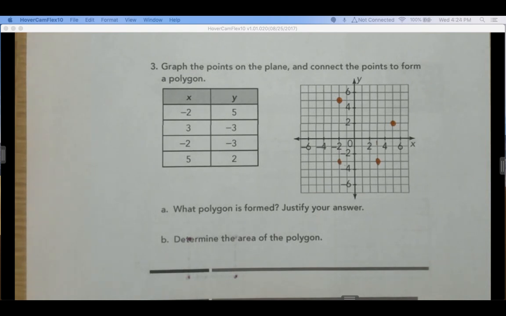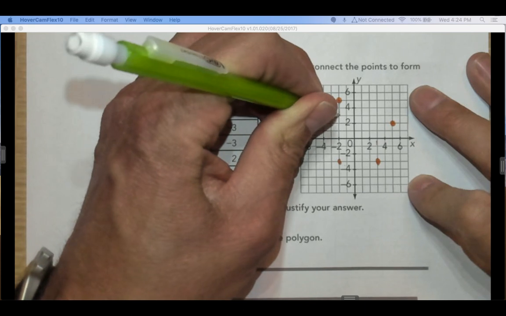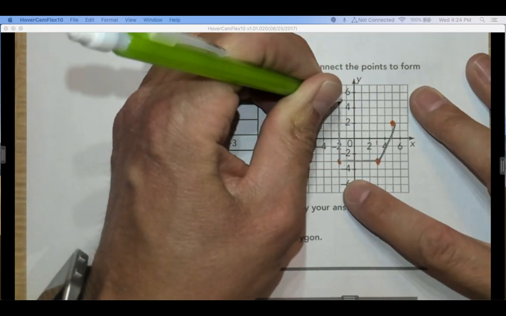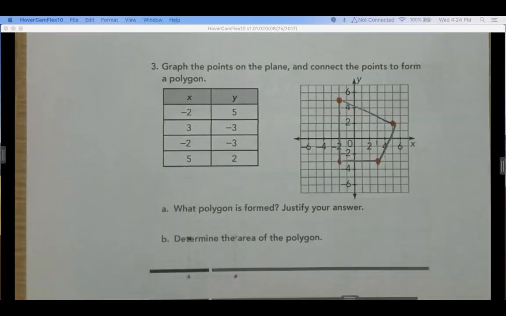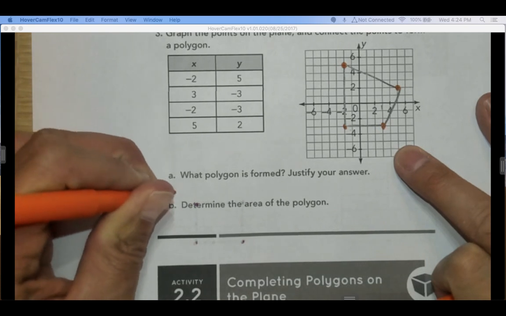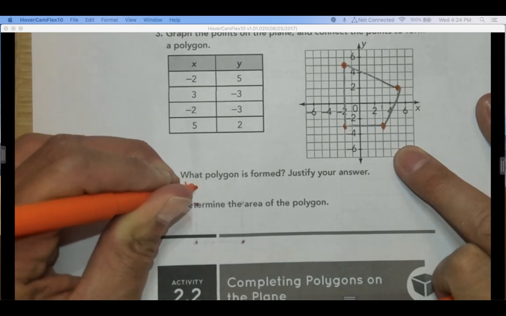Then if I was to connect these, it's going to look like that, and like that, and like that, and like that. Something that just has 4 sides but nothing else special about it would be called a quadrilateral.